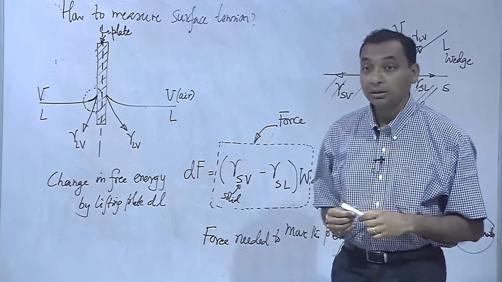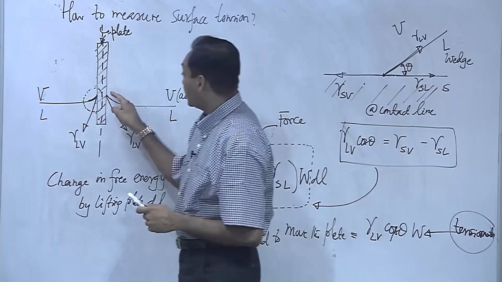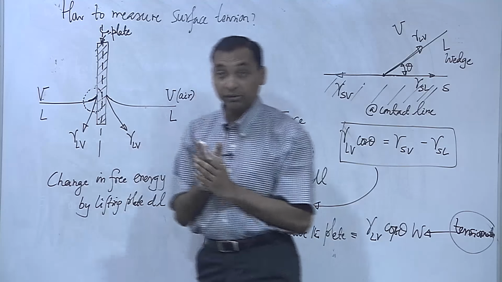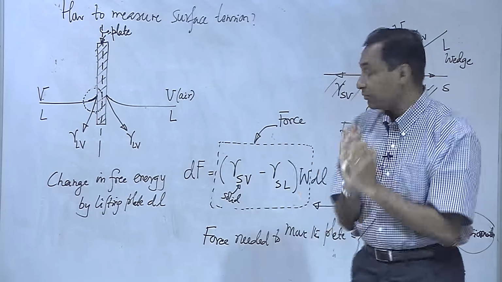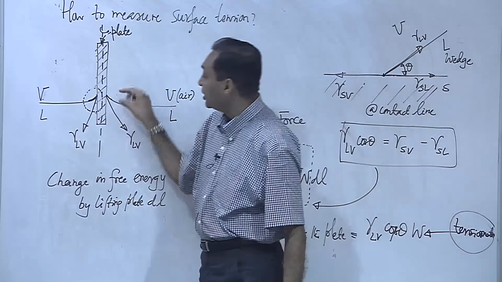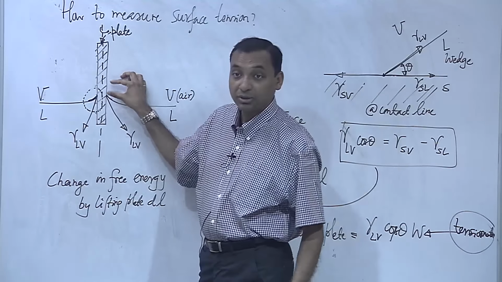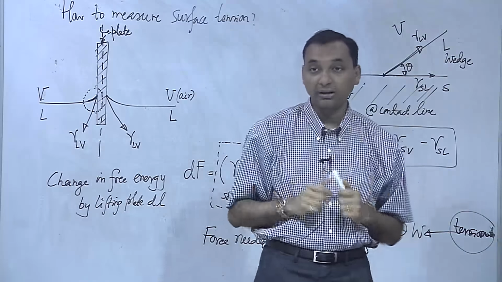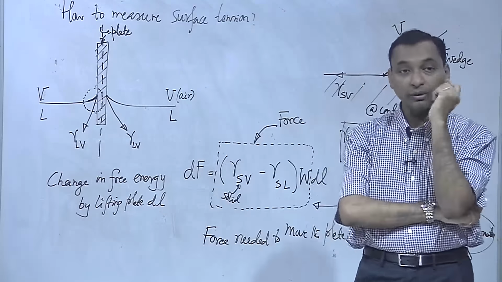Essentially we are worried only about the length that is exposed over the width of the system. This is really a thin plate that we are talking about. Very good point.